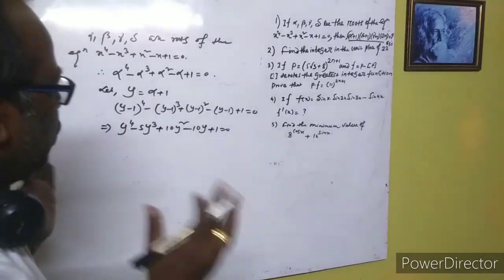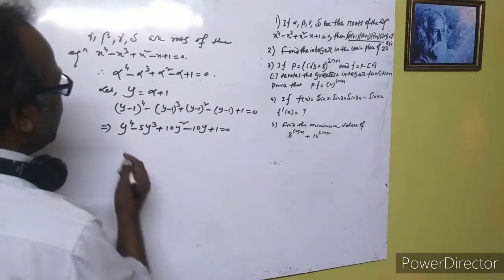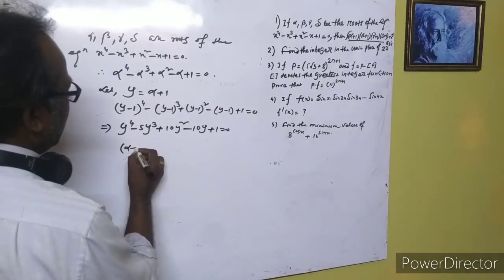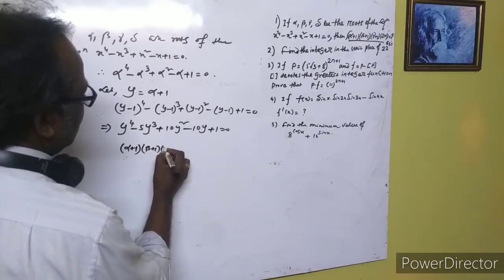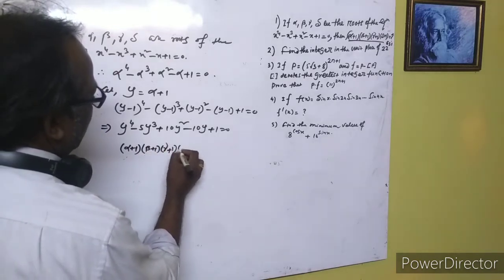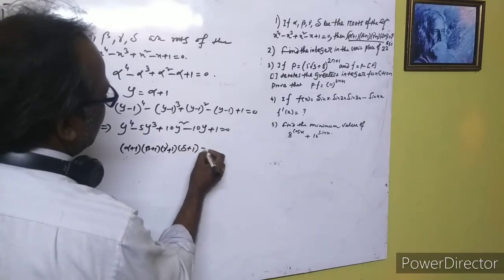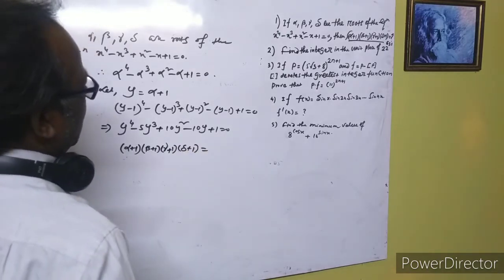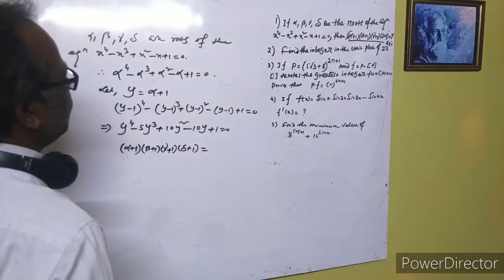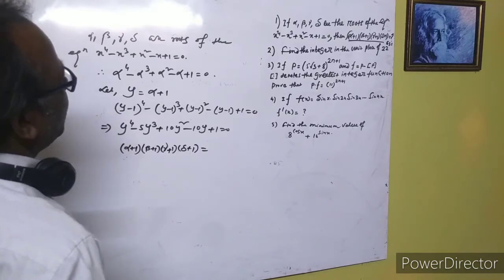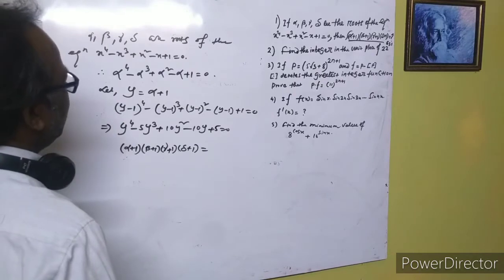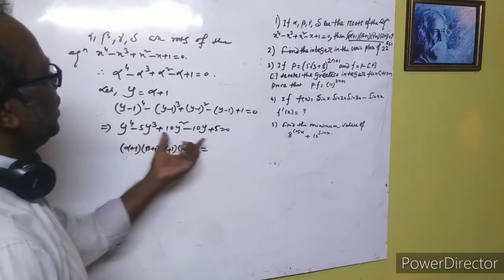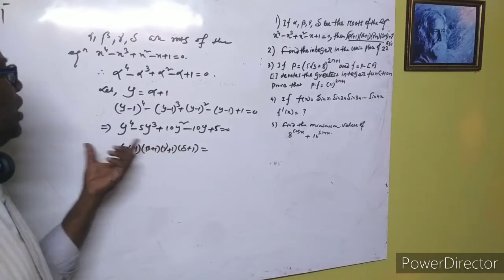So for these four, the product of alpha plus 1, beta plus 1, gamma plus 1 and delta plus 1 is equal to, oh, this is here 5, sorry. We can easily find this from the forming equation.